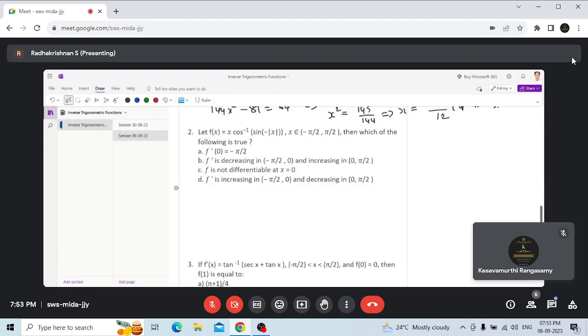f of x equal to x cos inverse of, sorry, sine of minus mod x. So then we have to solve for it and differentiate it. So many problems in inverse trigonometry are combined with differentiation or integration. But you already learnt basic differentiation and integration in 11th class. So this is fairly easy. That is why I picked up this problem.